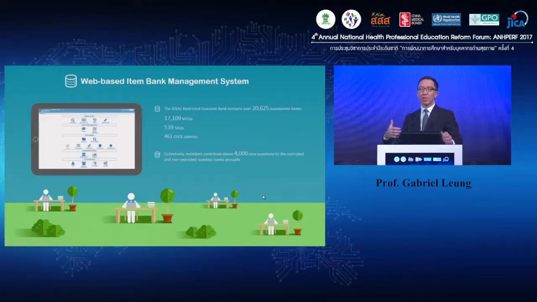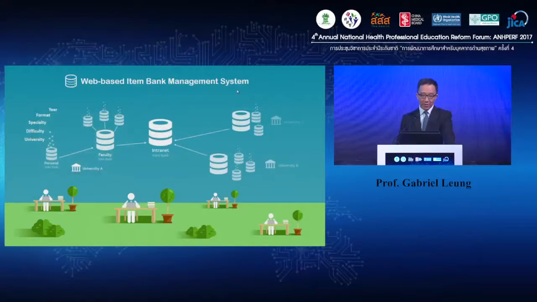And of course, you would say, well, how come there are only 20,000 questions if everybody pitches in 4,000 questions every year? Well, that's because we retire some questions, questions which were found to be not very good based on the exam question metrics that we generate after each set of exams in our school and in some of the partner schools as well. So this is how it works.